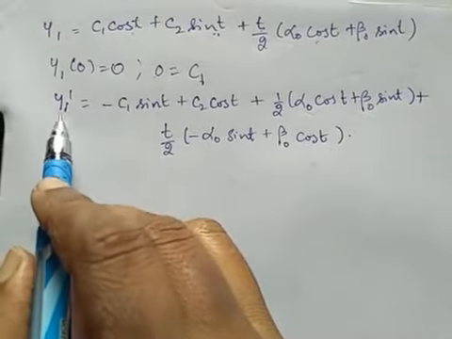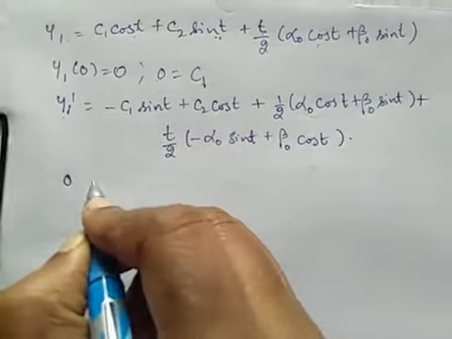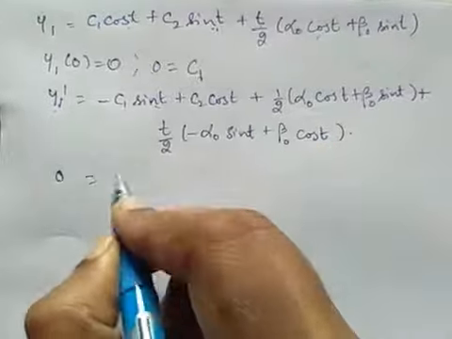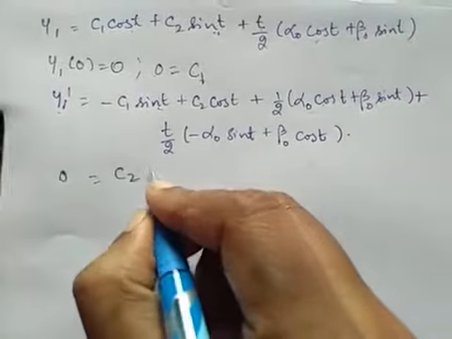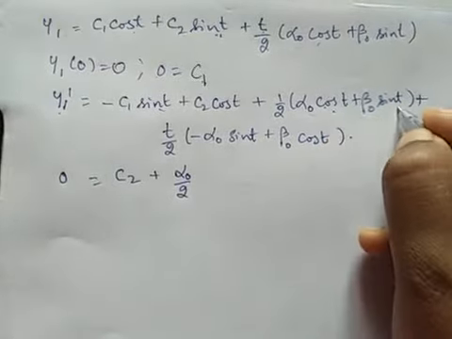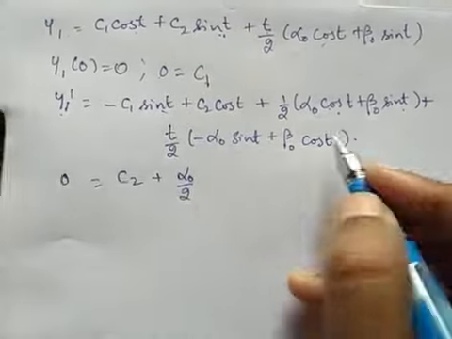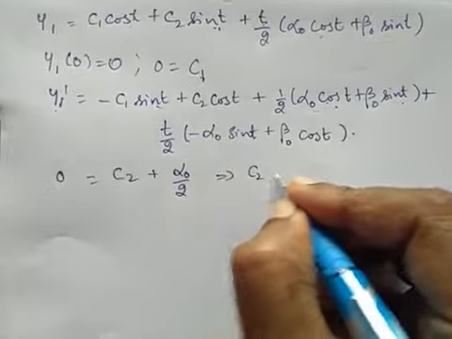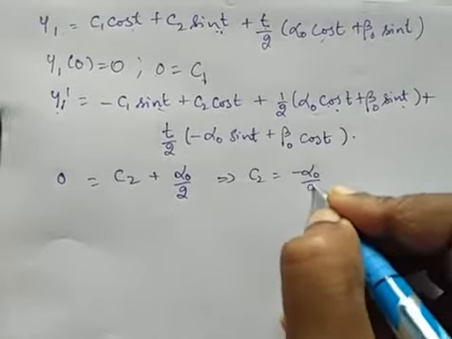So when we substitute y1 dash equal to 0 and t is 0, this is 0, c2. Here we will get alpha naught by 2, cos 0 is 1, sin 0 is 0, t is 0. So this implies c2 is minus alpha naught by 2.